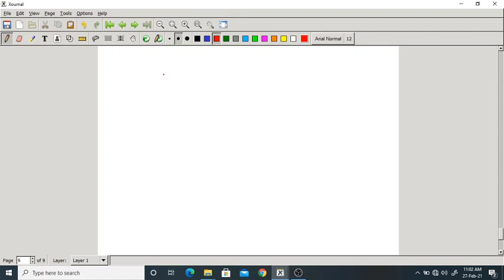Let me write here capital Y equal to capital X. Obviously, we will write small y equal to small x.